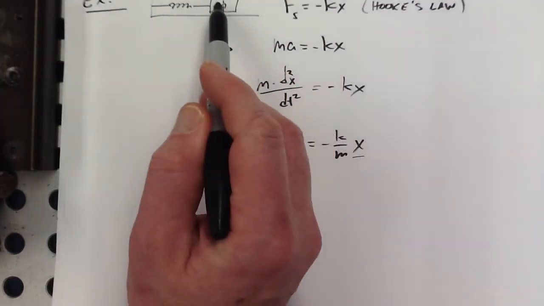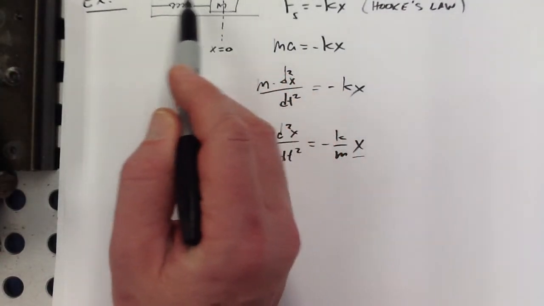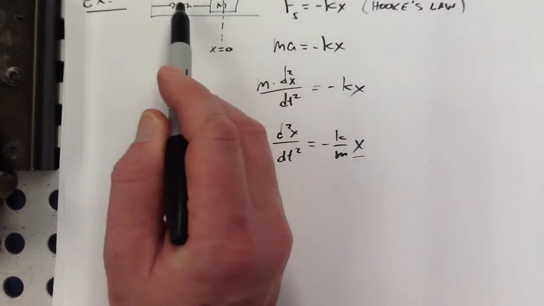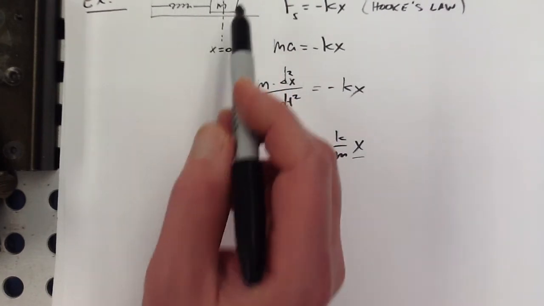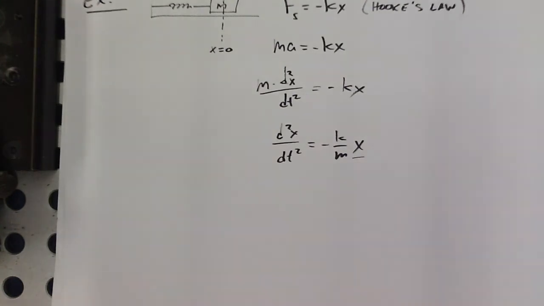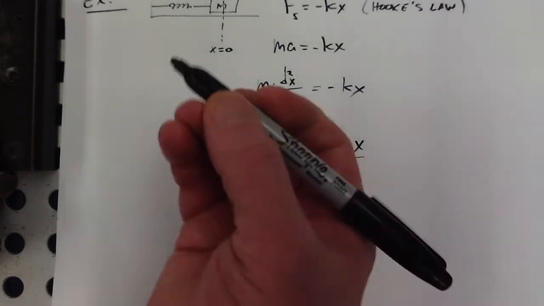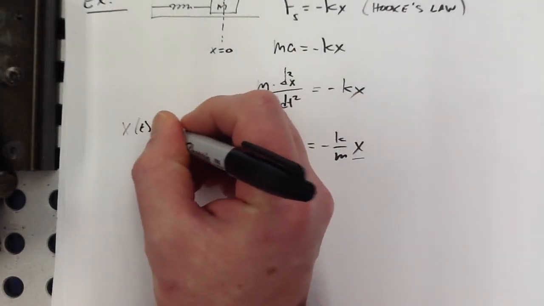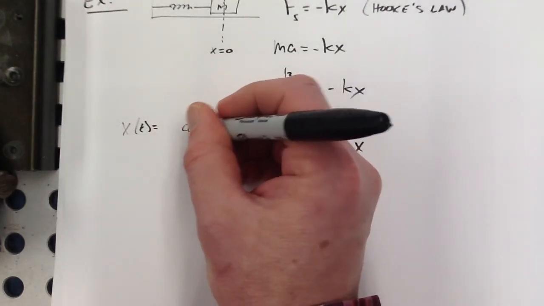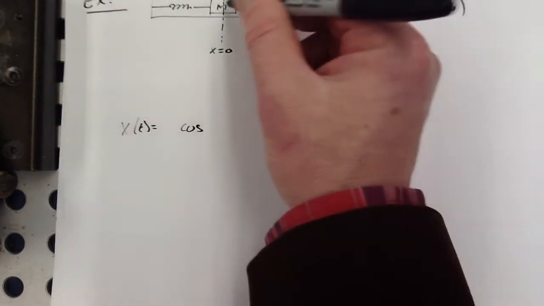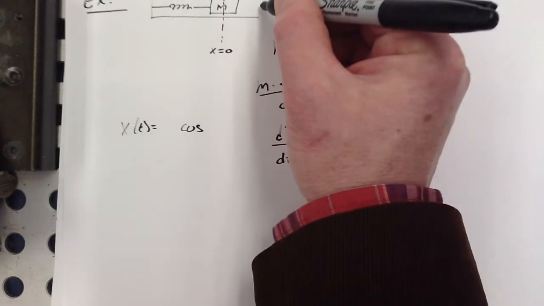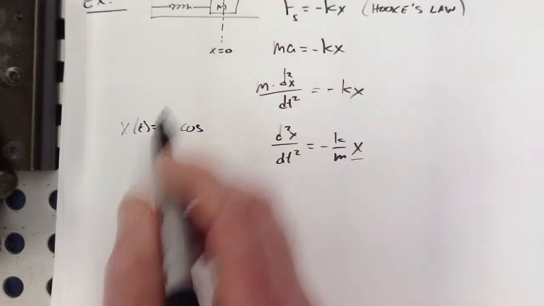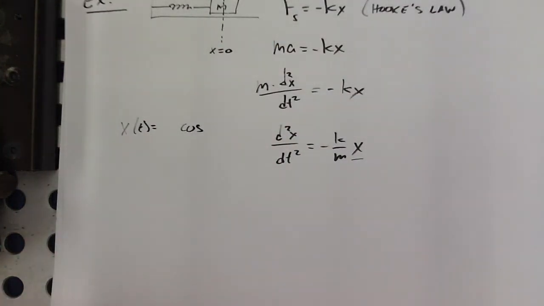And you can also think about what the position function for this would look like. If you pull the mass off to the side and then let it go, what would that position function look like? That's good inspiration too. So, sine or cosine? Correct. Usually we do the cosine function to model these things because you imagine it being pulled off to its maximum and then time starts there, but it could be sine because that works too.